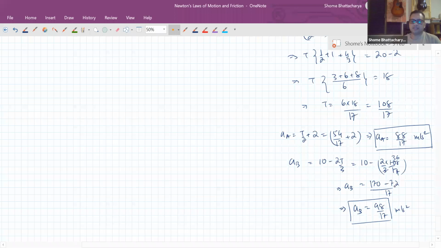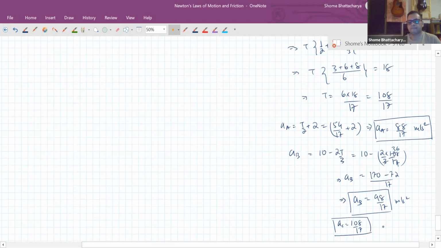So you can see the acceleration of A and acceleration of B are like this, and acceleration of C is directly equal to T, so that's 108 by 17. So these become the individual values.